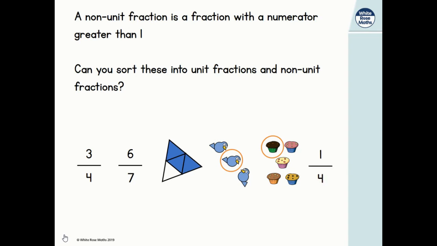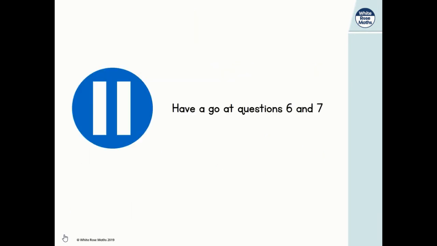And our final one, 1 quarter. Yes, that is a unit fraction, because the numerator is 1. Can you make any of your own? Have a go. Pause the video here and have a go at questions 6 and 7.